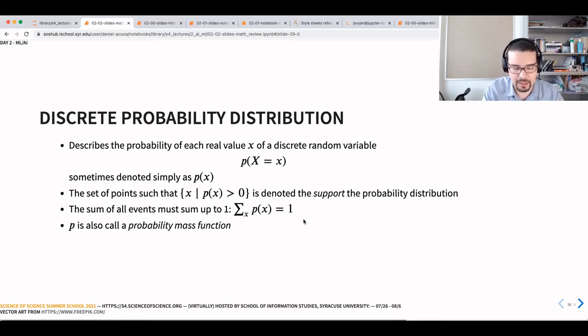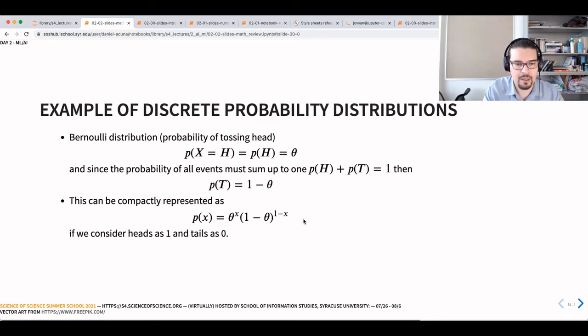The total probability will be 100%. Coin tossing is an example of a discrete variable. You can represent the probability of heads with a discrete random variable. Counting citations would also be a discrete random variable. It could be 0 up to infinity, or a very big number.